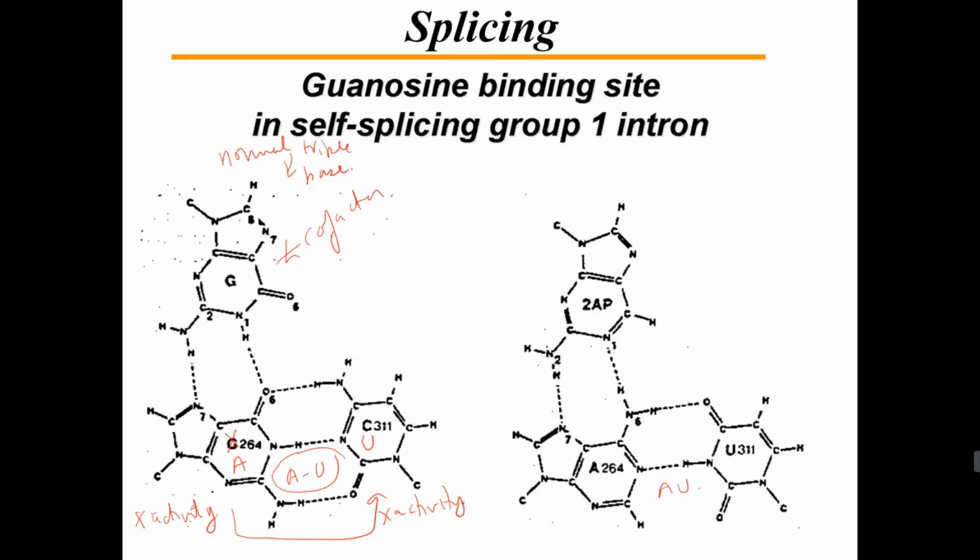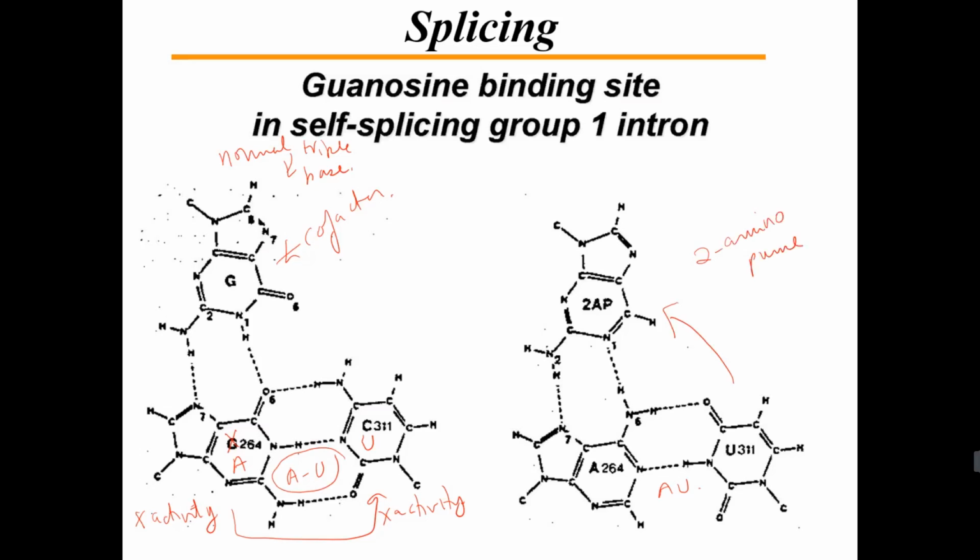So the mutated double mutant essentially had substantial activity restored in the first step of the self-splicing mechanism when they introduced the cofactor 2-aminopurine, which is denoted over here. So 2AP is 2-aminopurine.